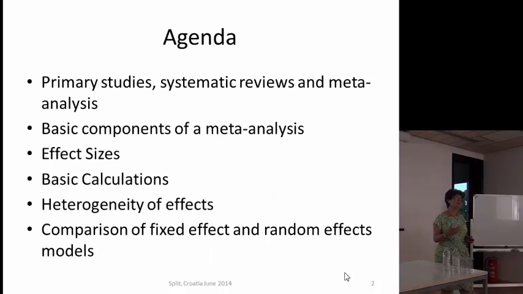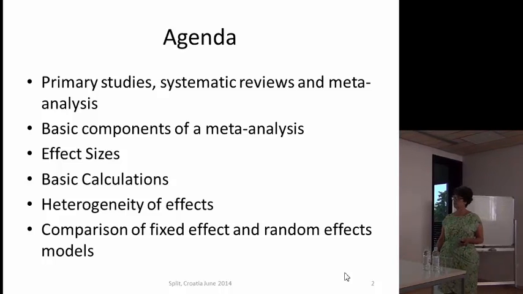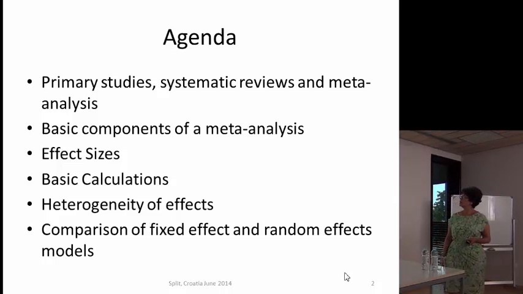So I'm going to be talking about four parts, but really I'm going to try to touch on six different areas. The first one is to distinguish primary studies, narrative reviews, and systematic reviews and meta-analyses. Then I want to talk about the basic components or parts of the meta-analysis.